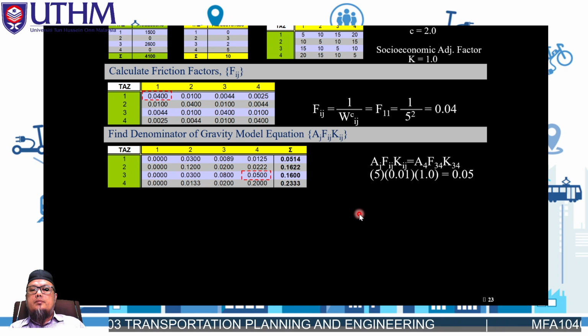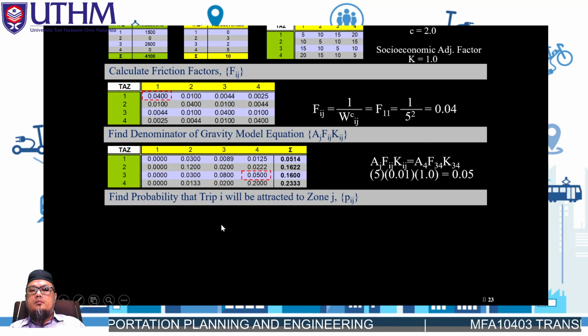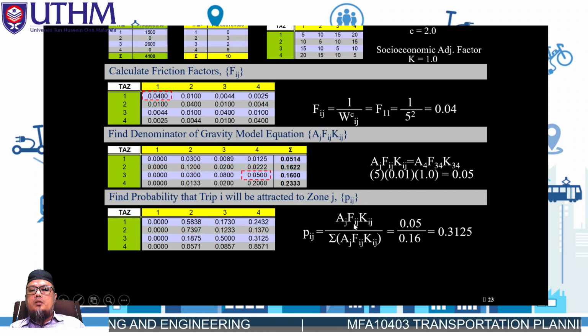Okay, next. Finding the probability that a trip will be attracted to zone J, which is P. So P, the probability, is calculated using this gravity model equation divided by the summation, which means total.